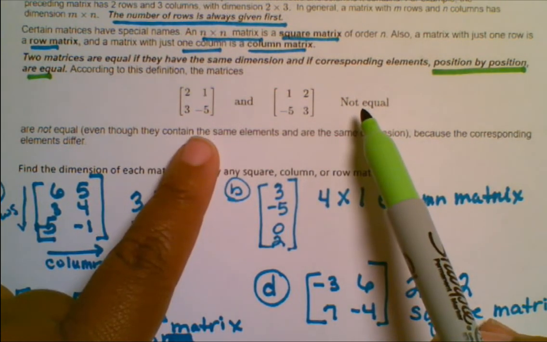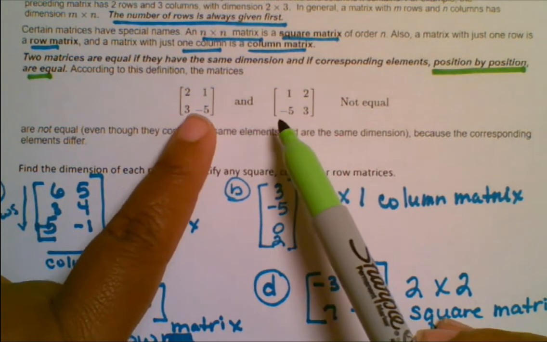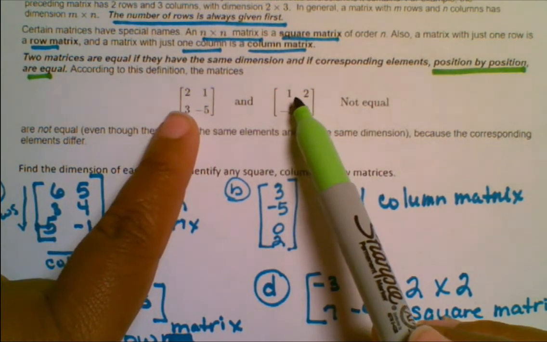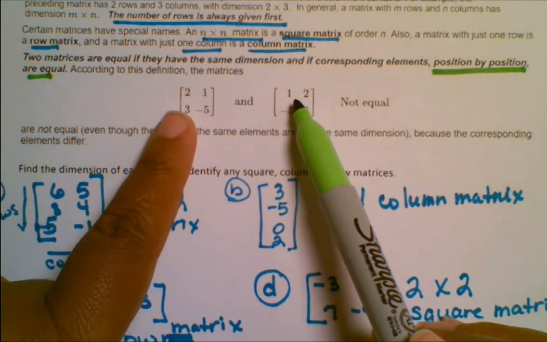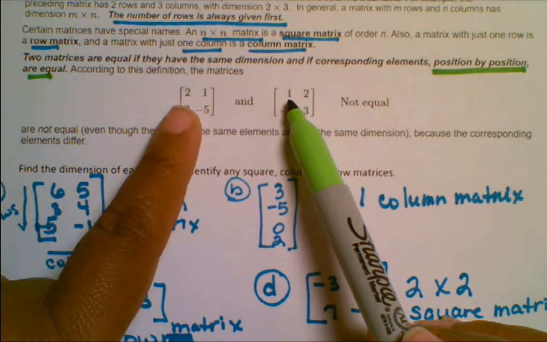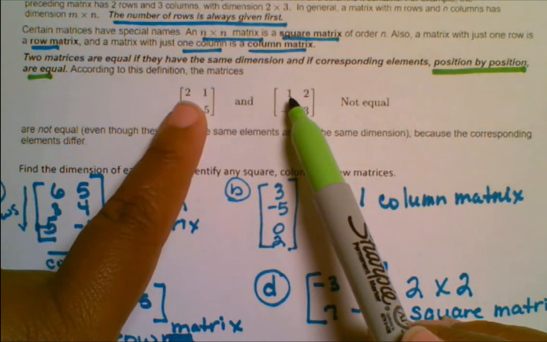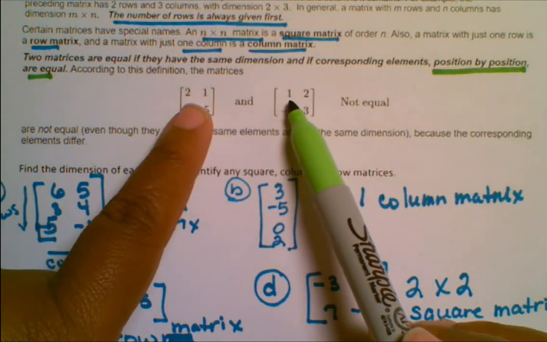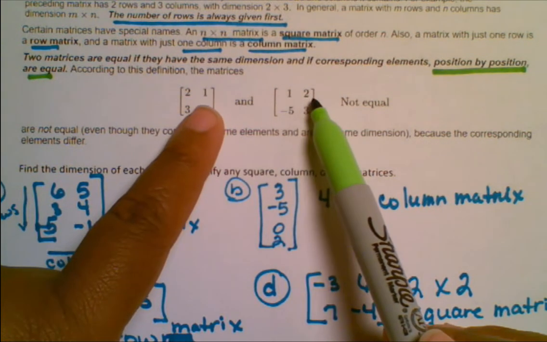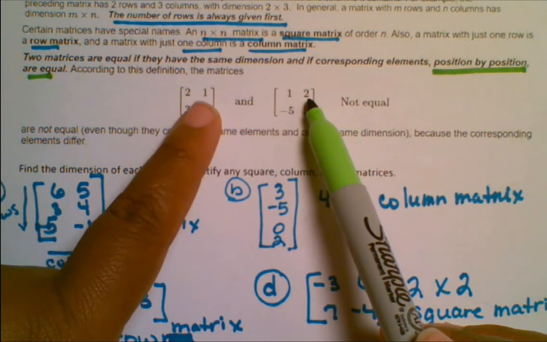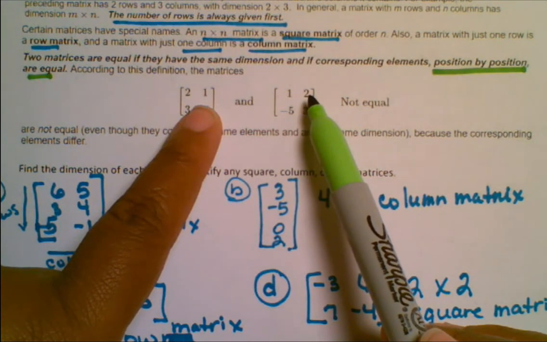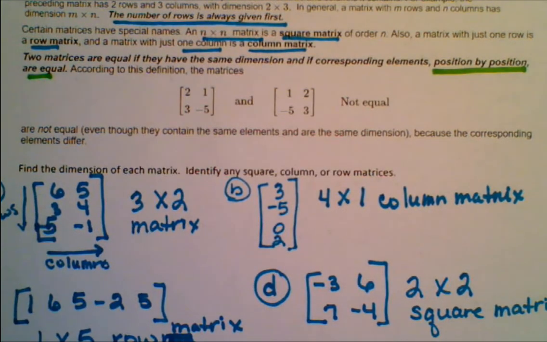They are not equal because if we look at the elements in each matrix, position by position, they are not the same. This first row, first column, here we have a 2, then we have a 1. First row, second column, here we have a 1 and then we have a 2. So they're not equal.